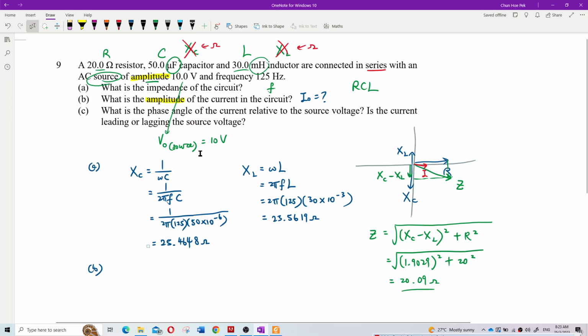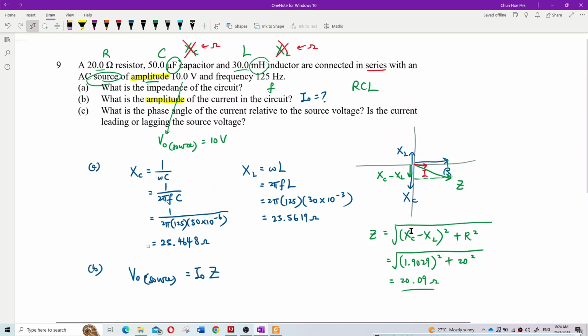I have the peak source voltage, so just use the formula: peak voltage source equals peak current multiply impedance.